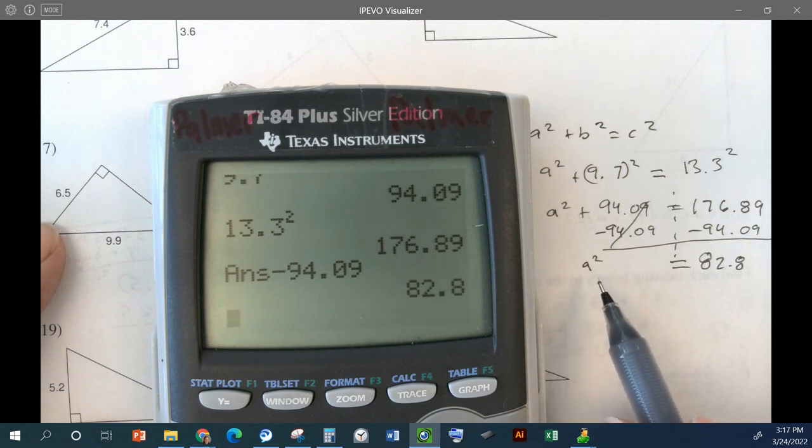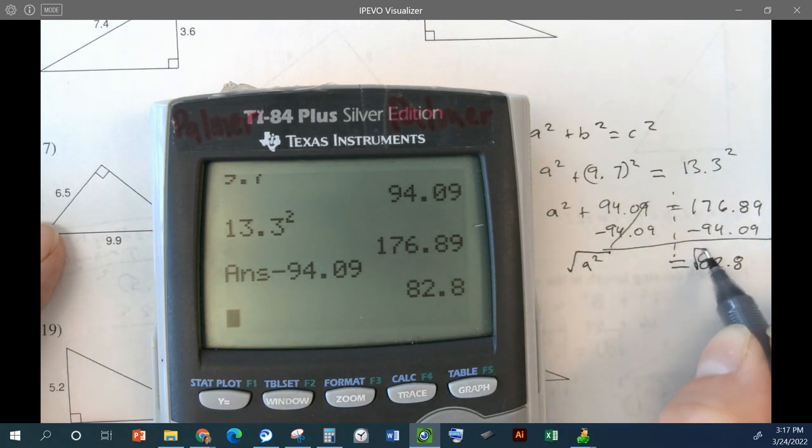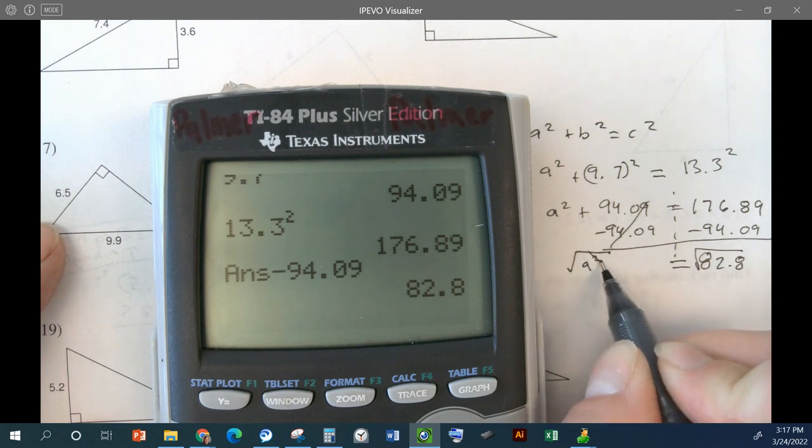What do we need to do to get A by itself? We've got A squared. Square root. Good. So square root both sides. So that gets rid of that squared.